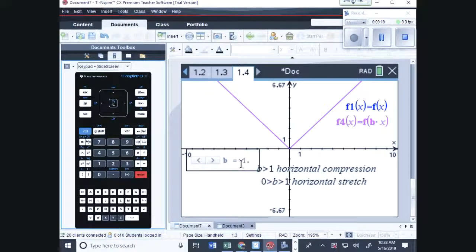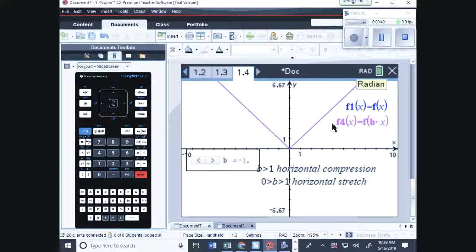It looks the same, and that has to do with the fact that we're using the absolute value function, which essentially gets rid of the negative sign. So I have to maybe use a different type of function to show what happens when b is negative, because you can't tell with this function. Okay, so there might be a separate video.